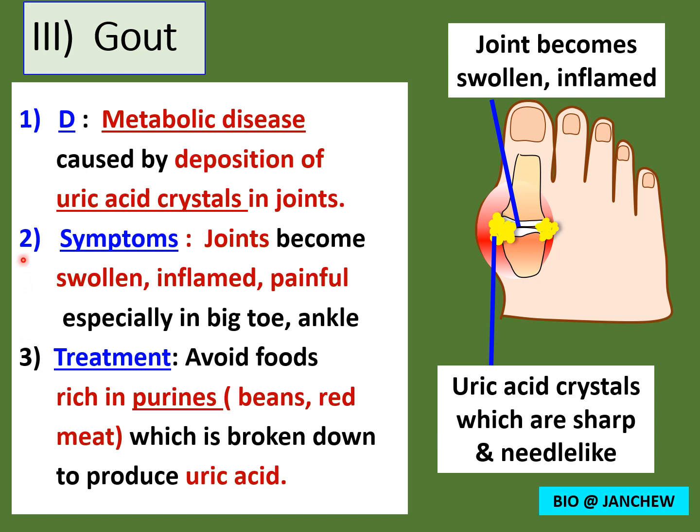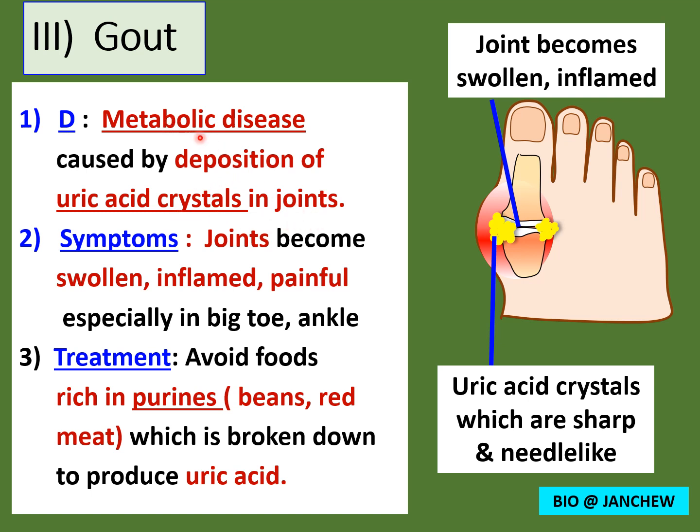Another musculoskeletal disease is gout, which is a type of arthritis. So it is a form of arthritis because the joint becomes swollen, inflamed, and painful, like for osteoarthritis and rheumatoid arthritis. So the definition for gout is, it is a metabolic disease caused by deposition of uric acid crystals in joints.